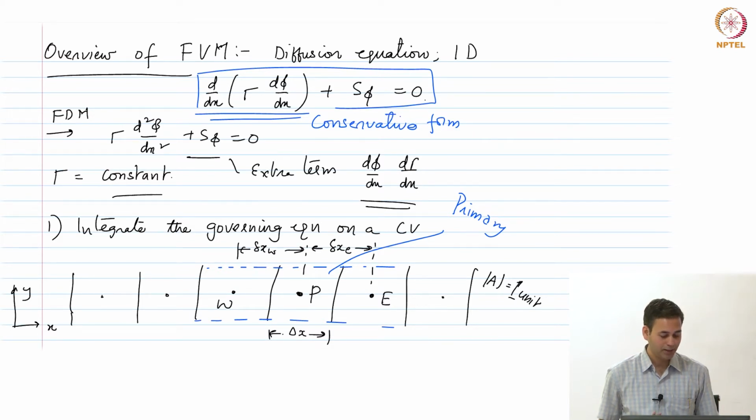These indicate the corresponding distances. Of course, if you have a uniform mesh, all these delta x E, delta x W are equal. If you do not have a uniform mesh, then these could all be different.